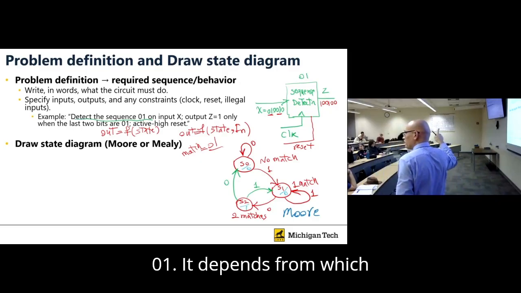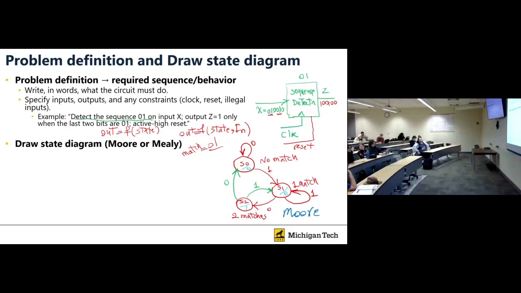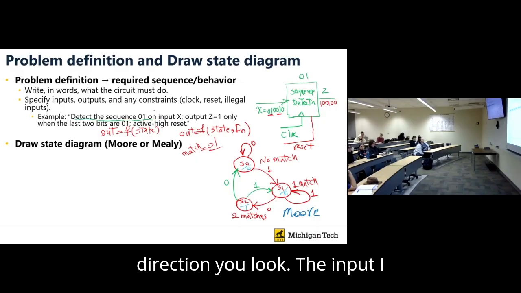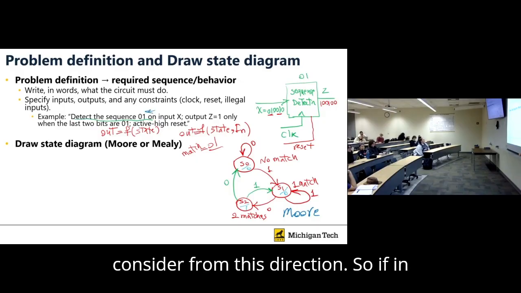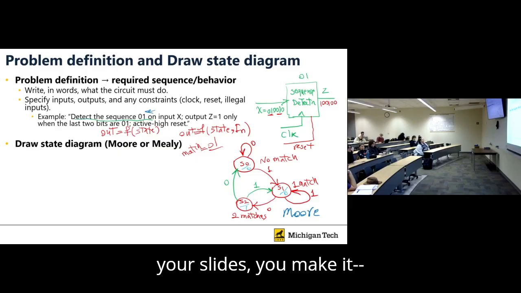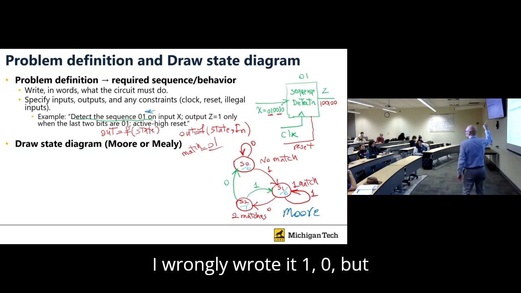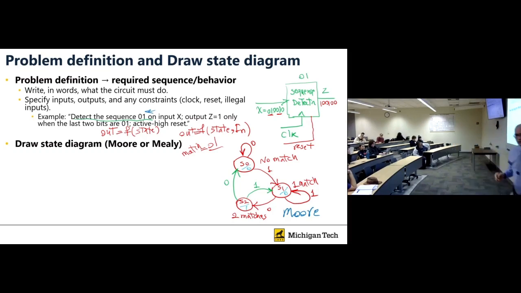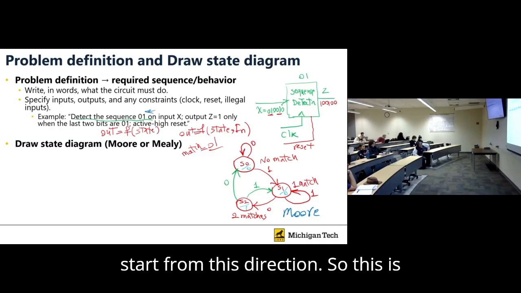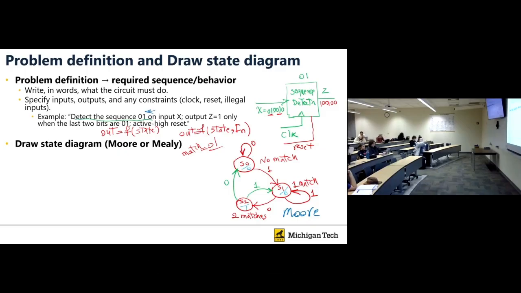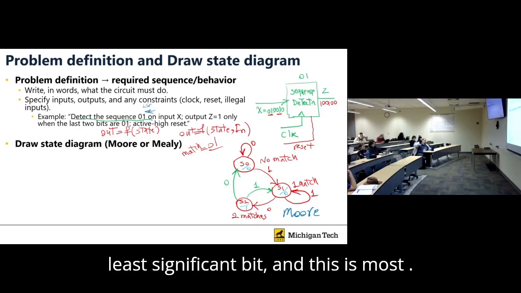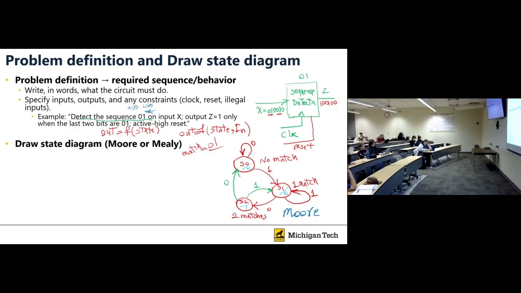It's 0, 1. It depends on which direction you look. I consider the input from this direction. If in your slides you have 1, 0, I wrongly wrote it, but it's 0, 1. So I start from this direction. This is the least significant bit, and this is the most significant.